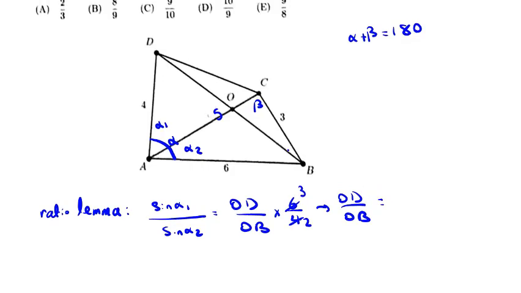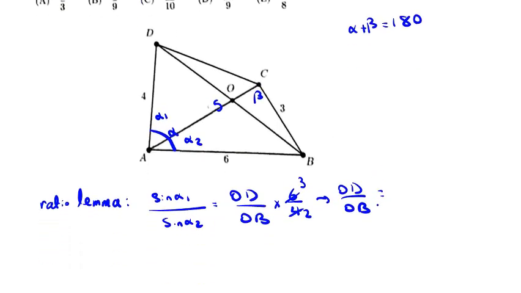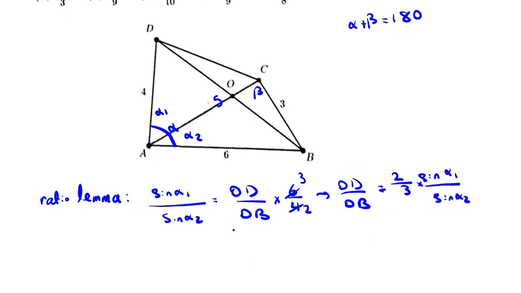So OD over OB equals 2 over 3 times sine alpha 1 over sine alpha 2, the reciprocal of that times this. So we should find sine alpha 1 over sine alpha 2.